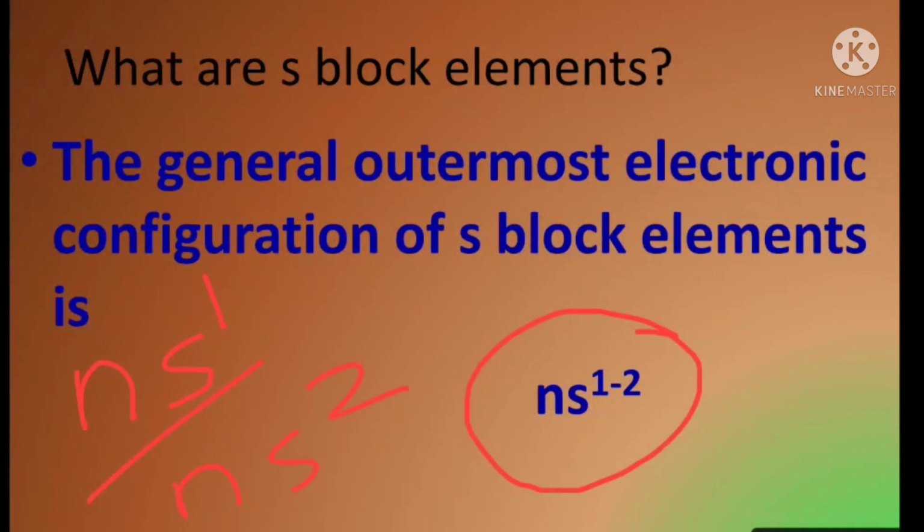If you write the electronic configuration of any element of group 2, it ends with the ns^2 configuration. So what is the general outermost electronic configuration of s block elements? ns^1 to 2. This is the general outermost electronic configuration of s block elements.